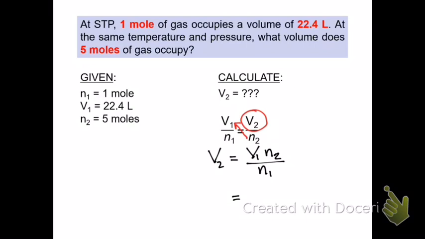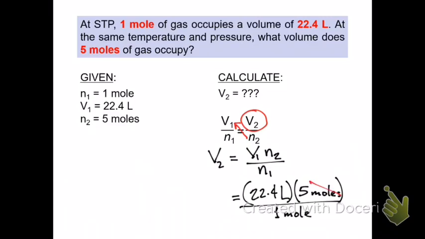Our initial volume was 22.4 liters, multiplied by N2, which is 5 moles, divided by the initial number of moles, which is 1 mole. You can see how the moles cancel each other out. And that gives us 112 liters.